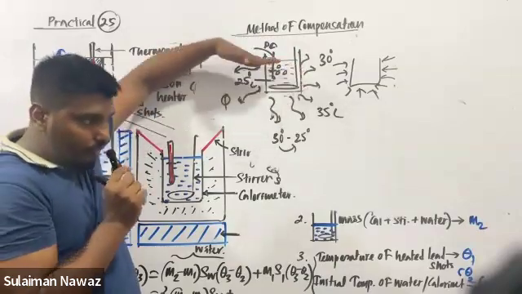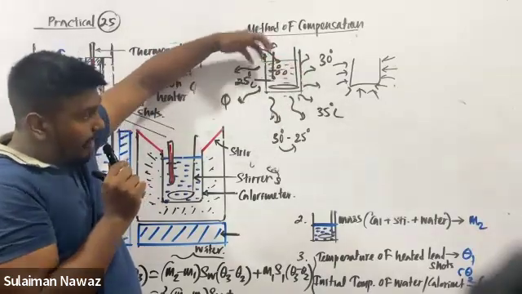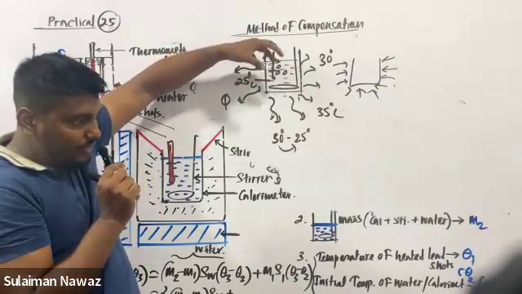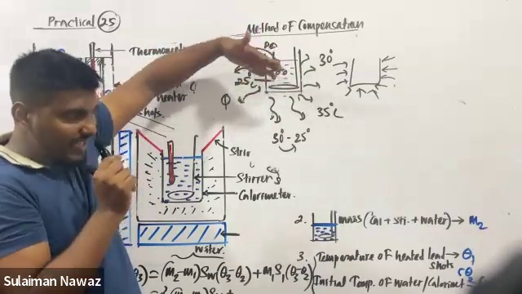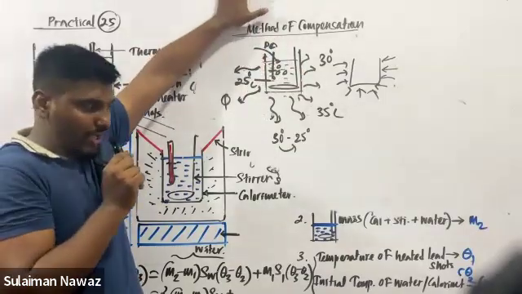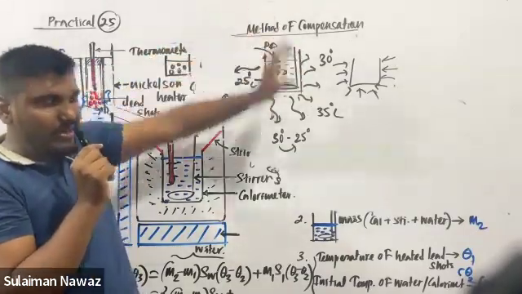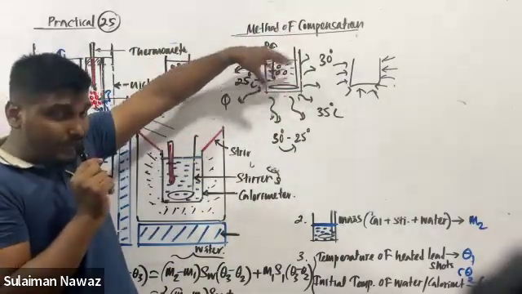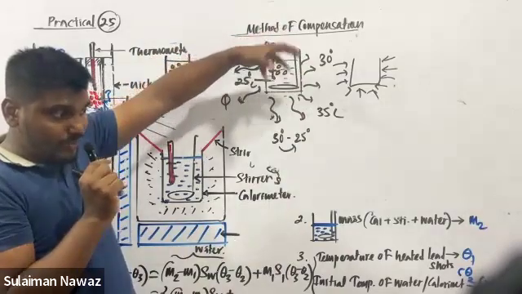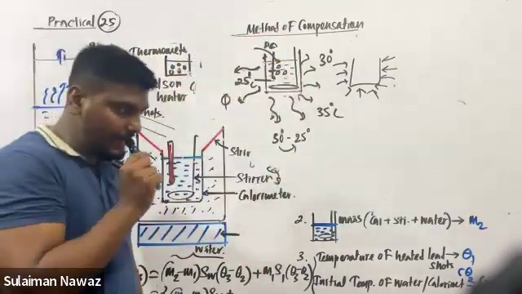Even though we want to maintain 35 degrees Celsius, how do we know how much lead shot to add? Sometimes the final temperature can exceed 35 degrees Celsius. So this is also practically somewhat difficult, because we can't control the final temperature of the system because of these lead shots. So that is that idea.